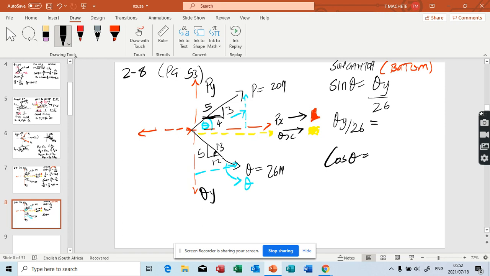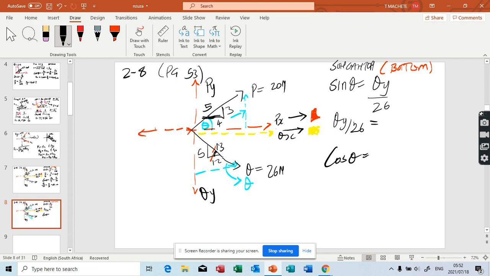The angle is always between the x-axis and your resultant. For your minor right angle triangle, which one is your x-axis? Is this 12 here? So your angle is always between that x-axis and the resultant. Your resultant in this case is 13. So that's why that angle is there. That's the easiest way to memorize it.